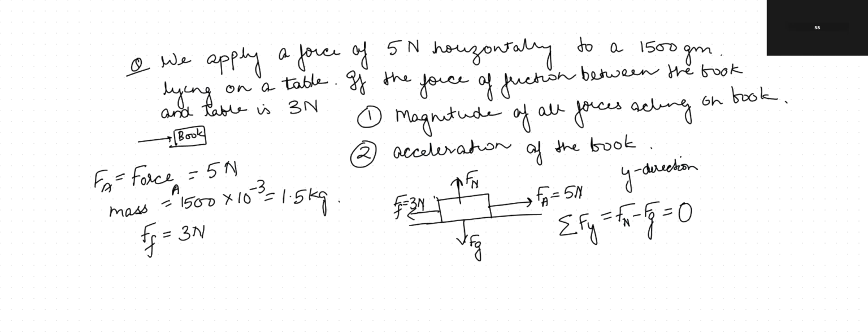So Fn is equal to Fg, which is equal to mg. So m was 1.5 into 9.8. So it is about 14.7 newtons. Okay.